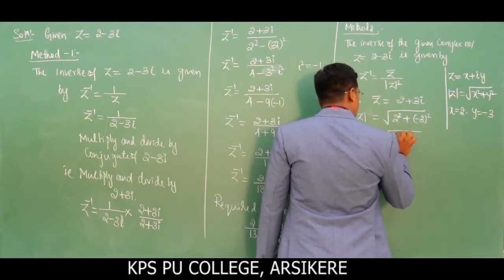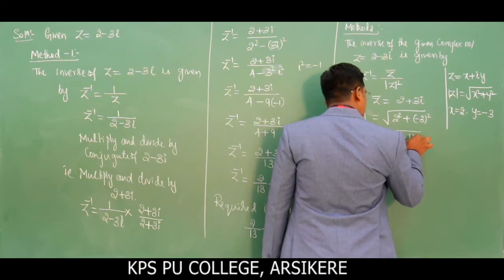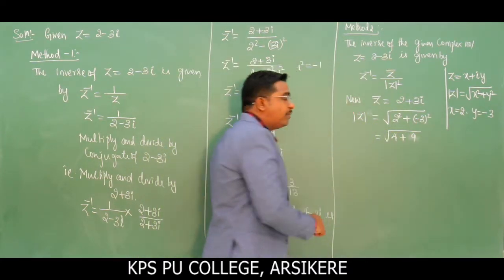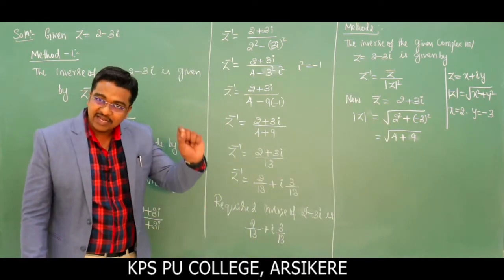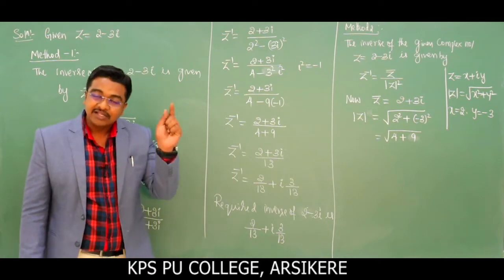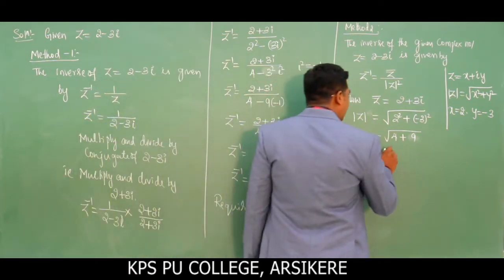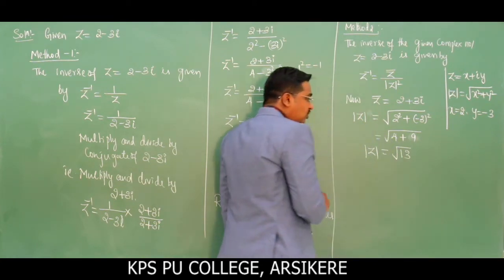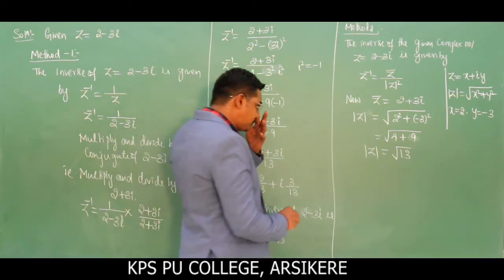This is root of 4 plus, minus 3 whole square, which is minus 3 into minus 3. Minus into minus becomes plus, 3 3s are 9. So total we get root of 13. So mod z is equal to root of 13.